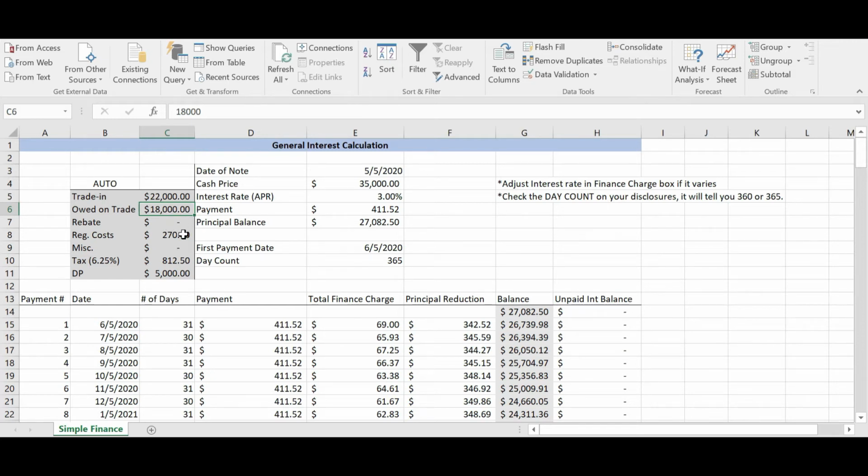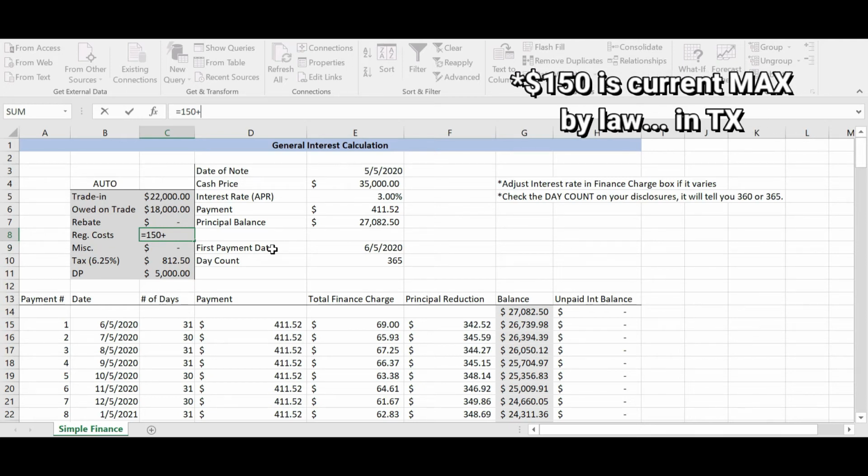No rebates. Registration costs, $270. What that amount consists of, this is based on some Texas numbers that I've just come to know from my past experience. $150 for a doc fee, and then it's going to be, what was it, 270.